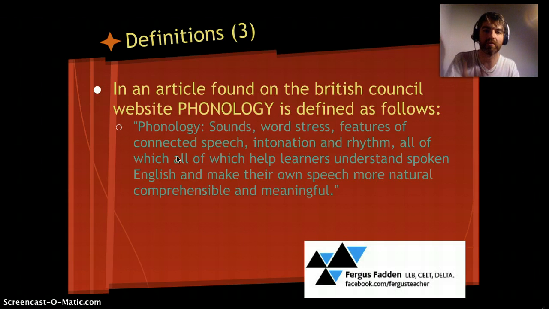Intonation and rhythm, do we have rising, falling, rise, fall? Rhythm, excuse me, intonation. The rhythm is more connected with the sentence level. So I can speak English, or I can't speak English.